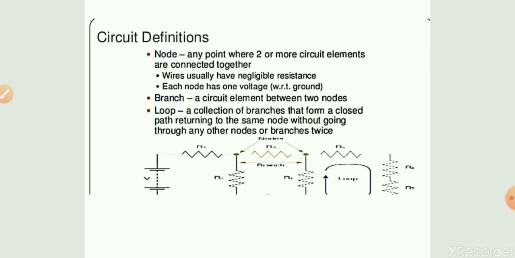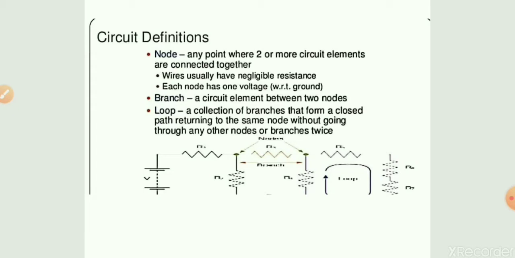Here are some circuit definitions. What is a node? Any point where two or more circuit elements are connected together is called a node.